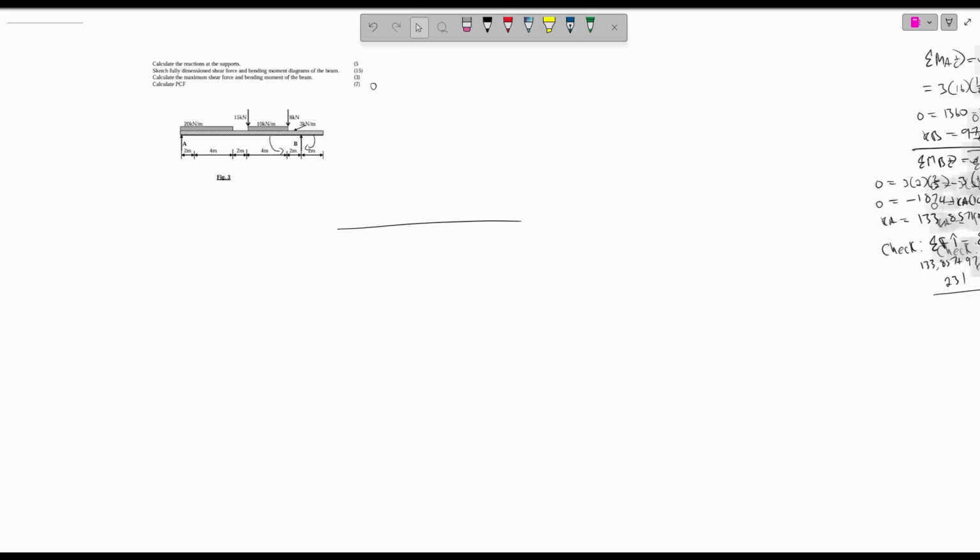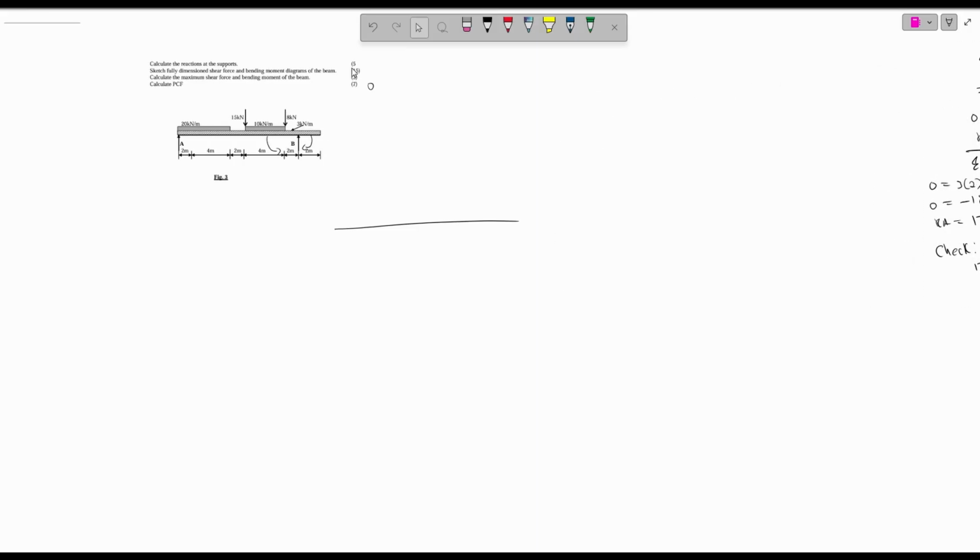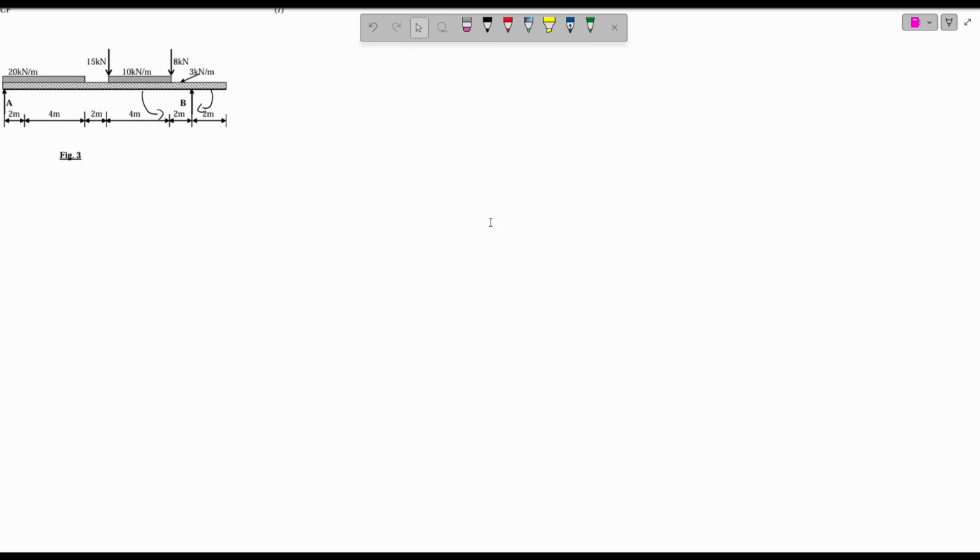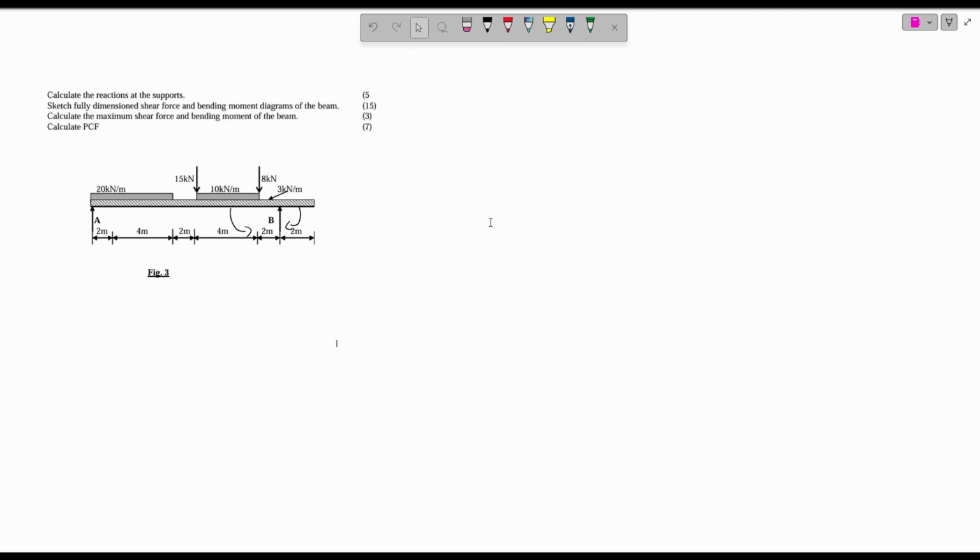Let's put this on that side. So the second question is to sketch and dimension the shear force and bending moment.